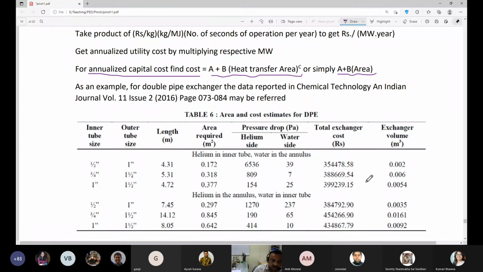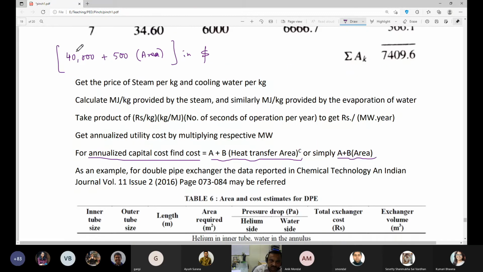So you should have a better reference. This is just a crude reference of how cost can be connected to area, but you should be able to find out what the A and B values are. Just for a quick comparison, these are some of the figures in US dollars. So these you can find out as A plus B into area.